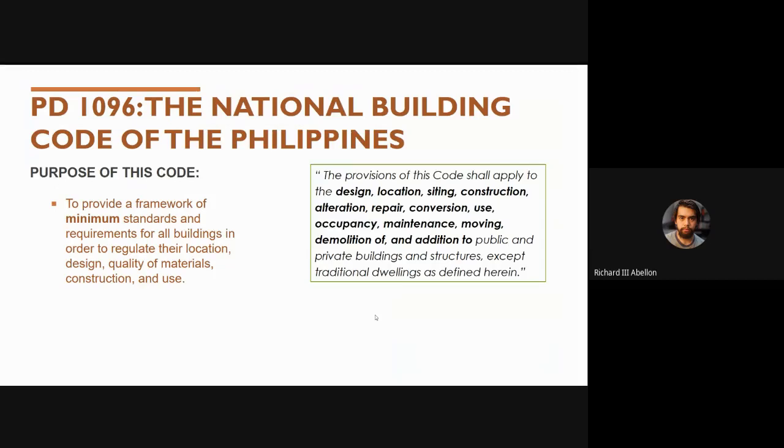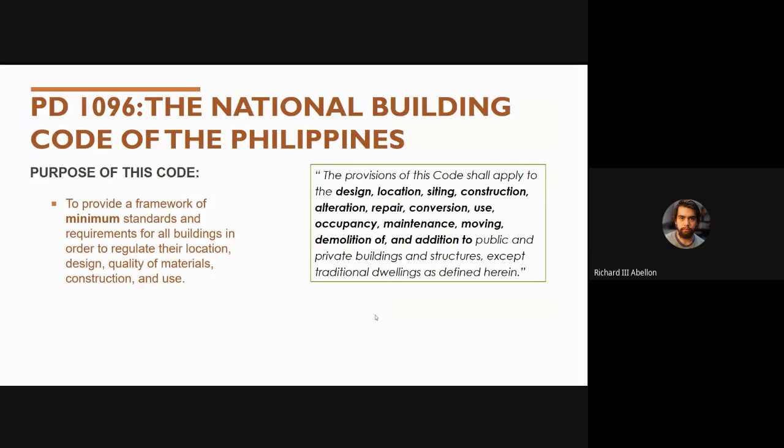For example, residential buildings have different design guidelines compared to commercial buildings. Ang bahay, different siya sa guidelines ng school design or office building design. So, may kanya-kanyang requirements yan which makes their design guidelines and design requirements different from each other.